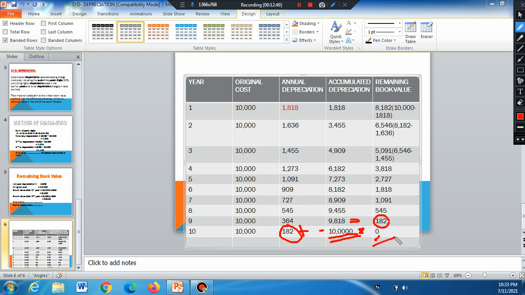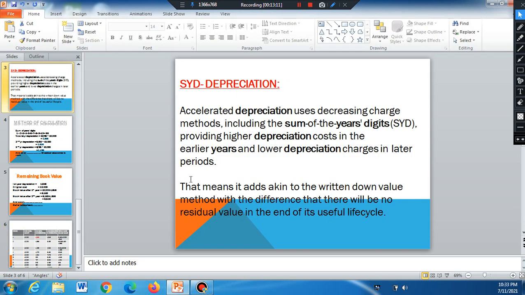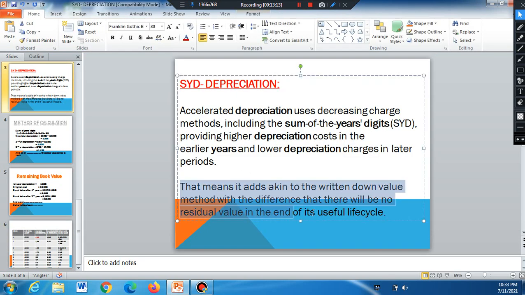Okay, this was our motive from the beginning, that we need to know how the salvage value comes to 0. Okay, so just come to our theoretical part also, and we will quickly take a look at what exactly it tells. That means it is akin to written down value method, with the difference that there will be no residual value at the end of its useful life cycle.